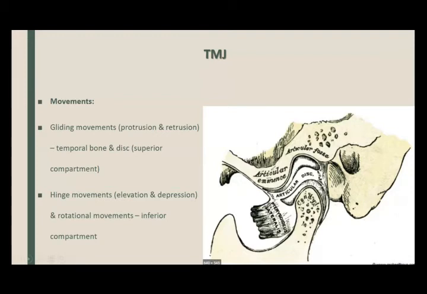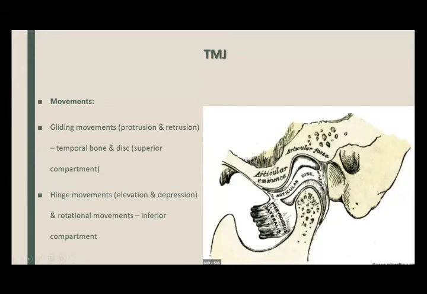Both these movements take place in this compartment, the inferior compartment, the compartment which is between the undersurface of the articular disc and the upper surface of the condyle. इस compartment में, inferior compartment में, the movement is elevation and depression plus rotation.